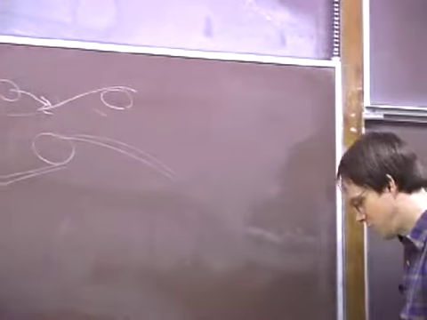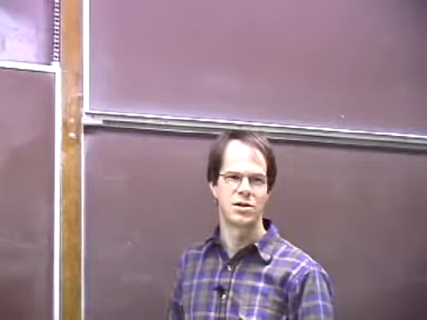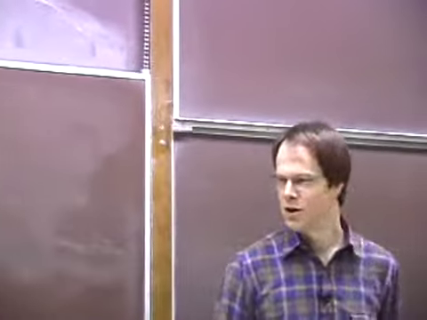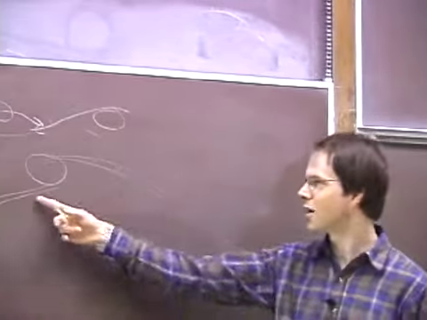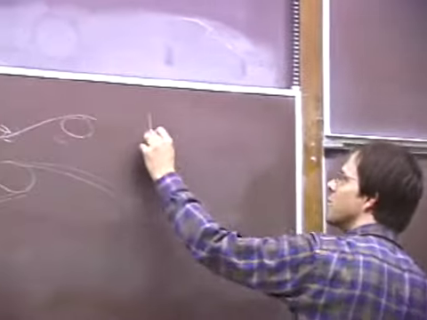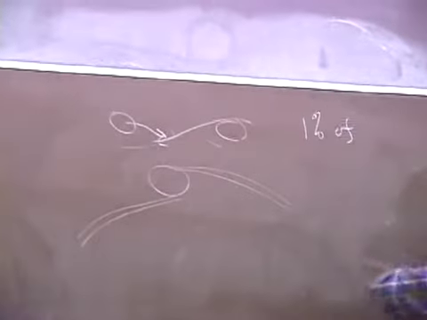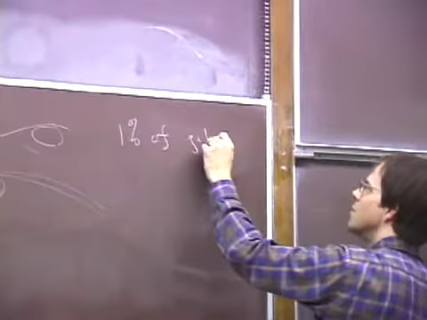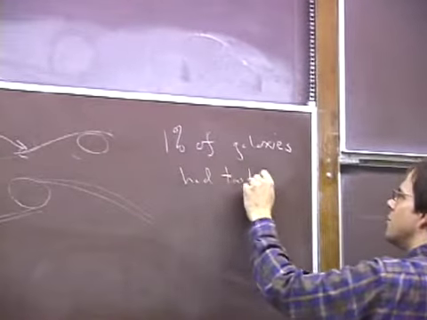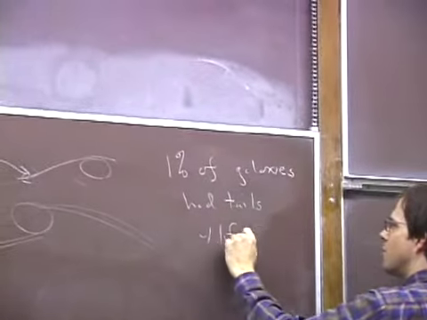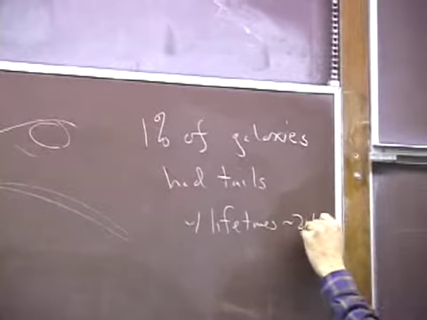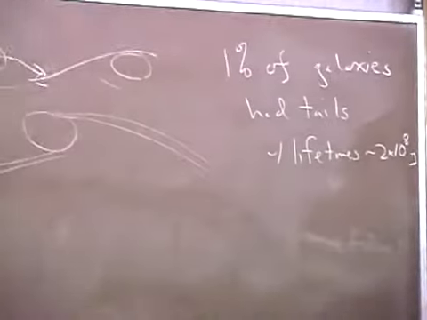Toomre went through the list of bright galaxies and asked what fraction of them had these obvious tails sticking out. And he did computer simulations to ask how long the tails would be visible and look something like that. And he found that about 1% of relatively bright galaxies had tails with lifetimes of order 2 times 10 to the 8 years, 200 million years.